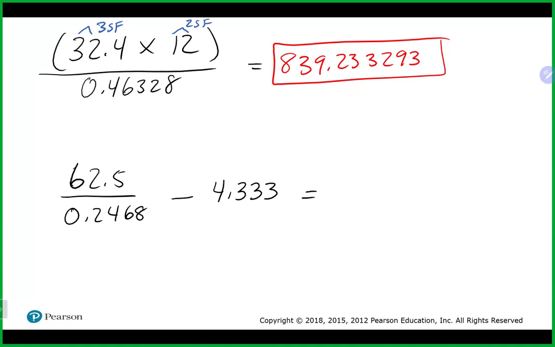So technically speaking, when we get the answer for the top, which if we just did the top part would be a number like this, this should end up with 2 significant figures. Right about there is about where it should end up on the top part.